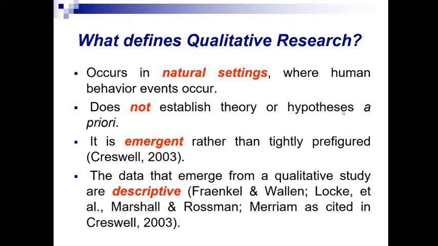Some may use images or pictures to serve as their data for qualitative research. If you are asking, how about in quantitative research, diba? Kasi we also have what we call descriptive studies in quantitative research. Yes, in quantitative research, we have descriptive approaches or studies, but what we mean by descriptive in that sense is that we are still describing the numbers, no?